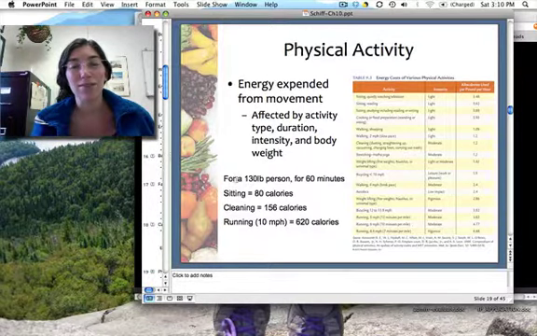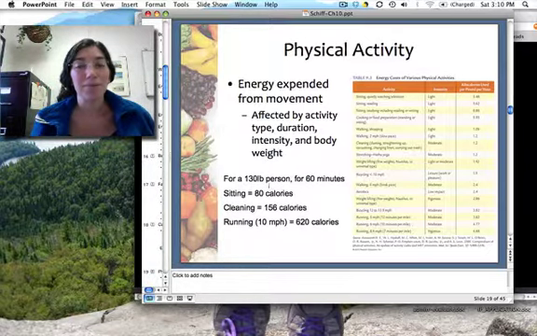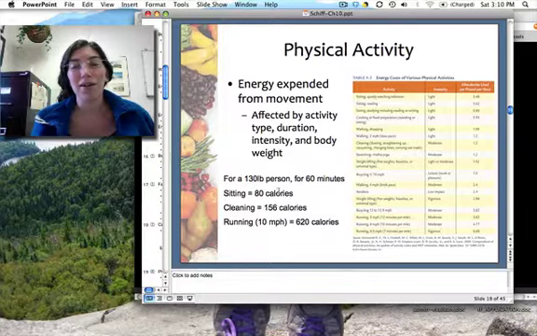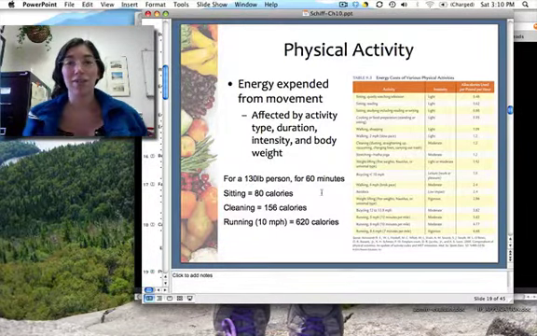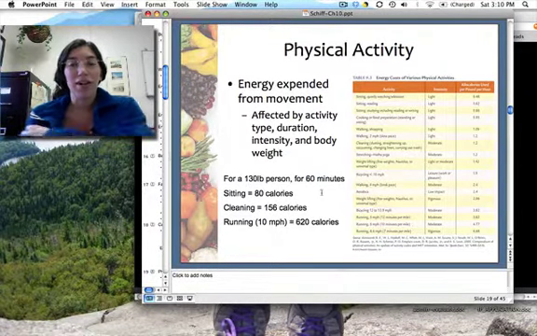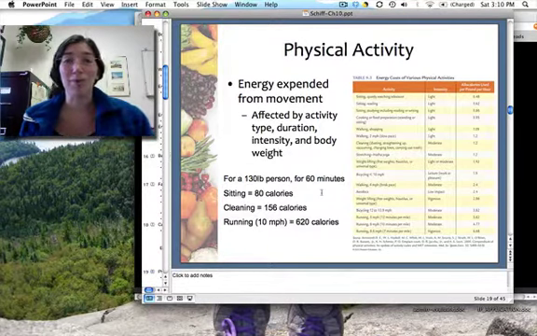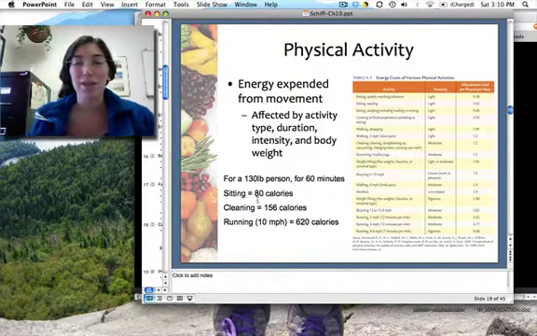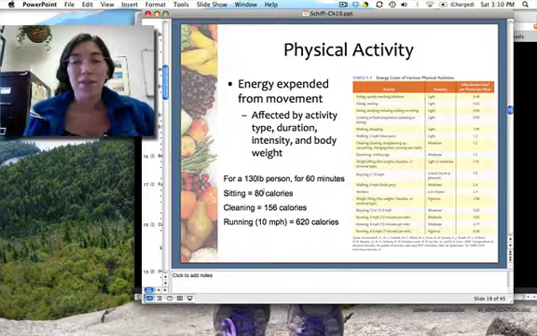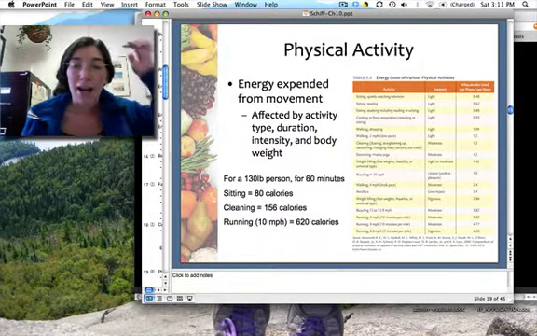So again, I use the example of a 130-pound person doing some different activities for an hour. Sitting for an hour burns 80 calories. Just the act of sitting and holding your body upright, that muscle tone that you put into sitting up straight, is actually considered a very, very small form of physical activity, I suppose, and burns about 80 calories in an hour.